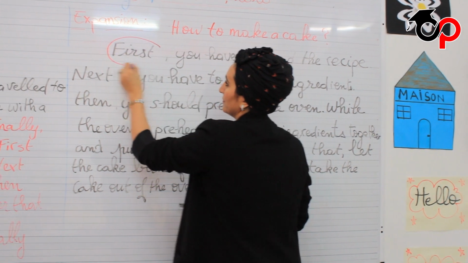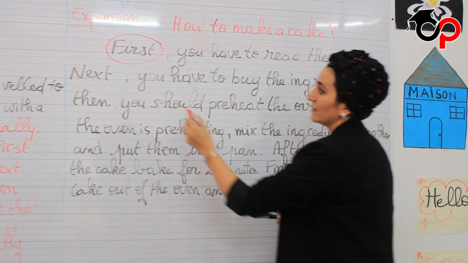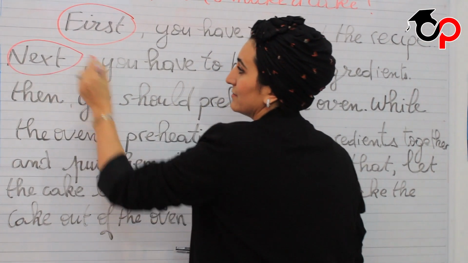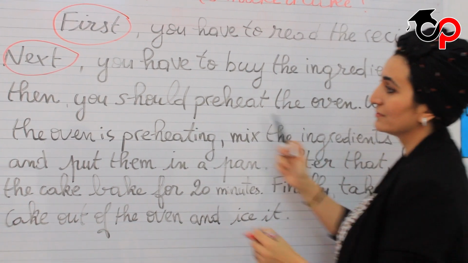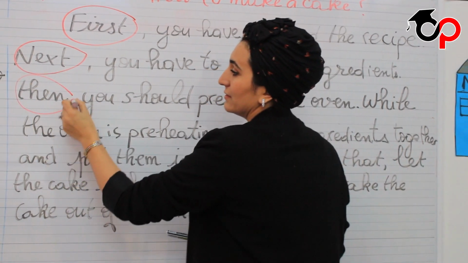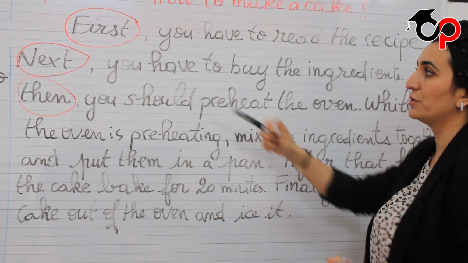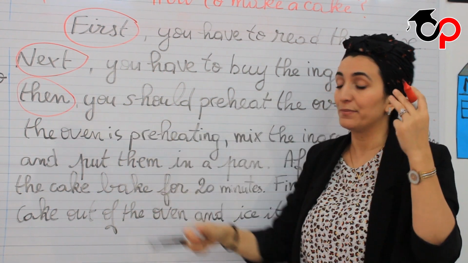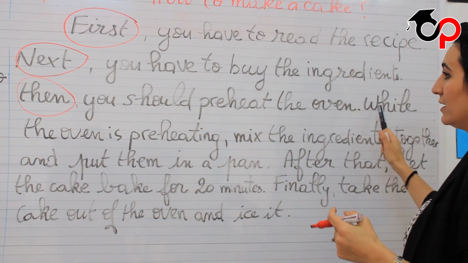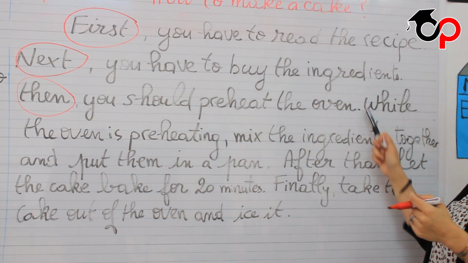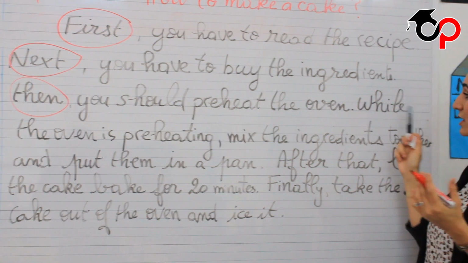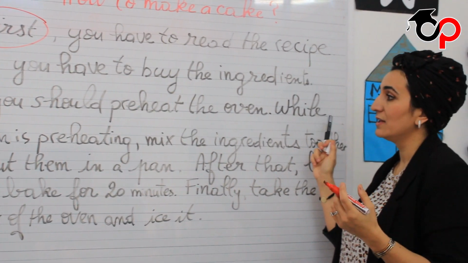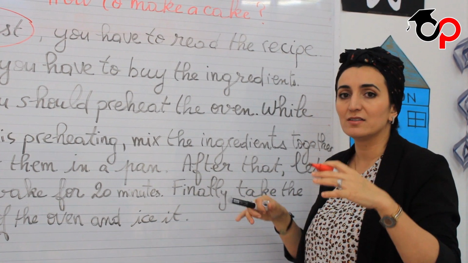First, next, then, step 1, step 2, and step 3, okay? Here, this word is also used as a sequencer. Here we want to express two simultaneous actions.